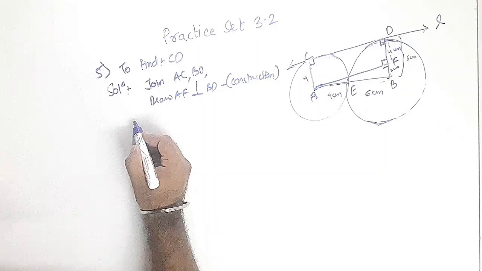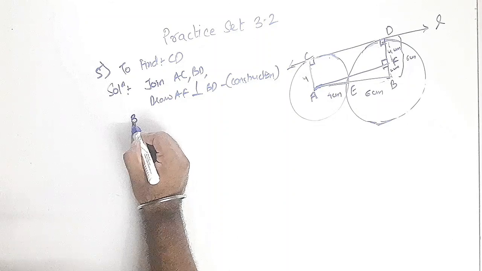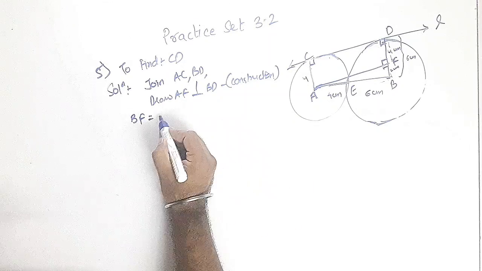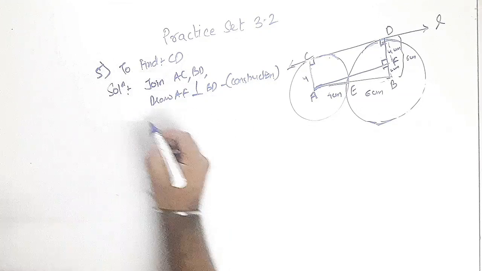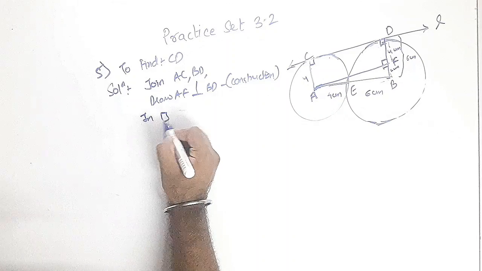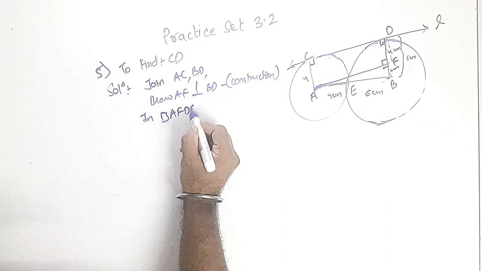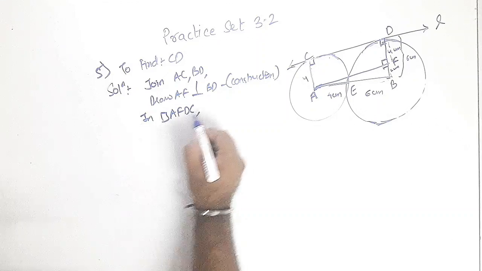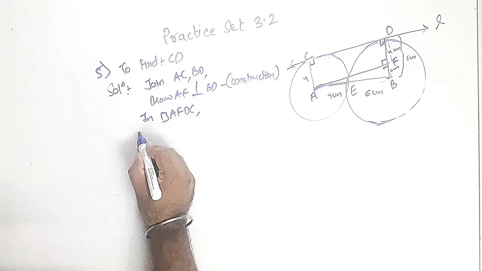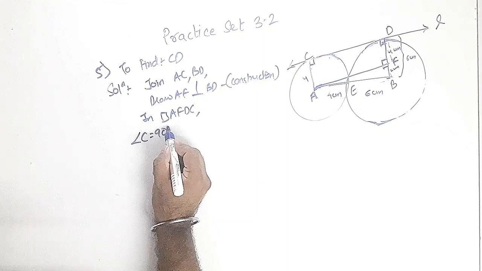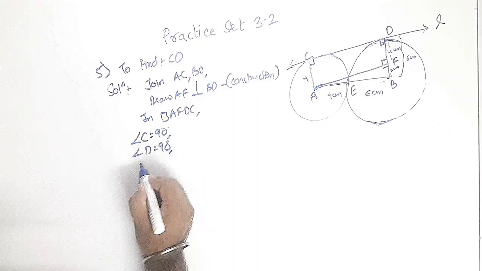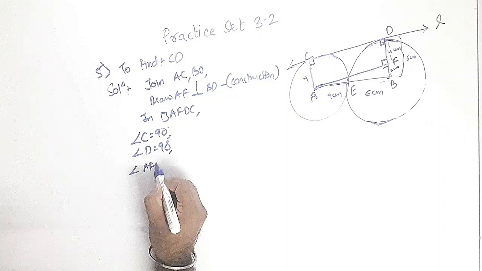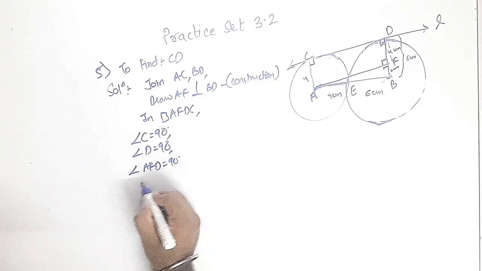Now, first I'll prove in quadrilateral AFDC: in quadrilateral AFDC, angle C equals 90 degree, angle D equals 90 degree, and angle AFD equals 90 degree.